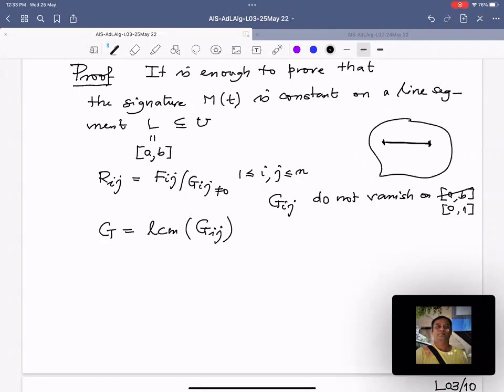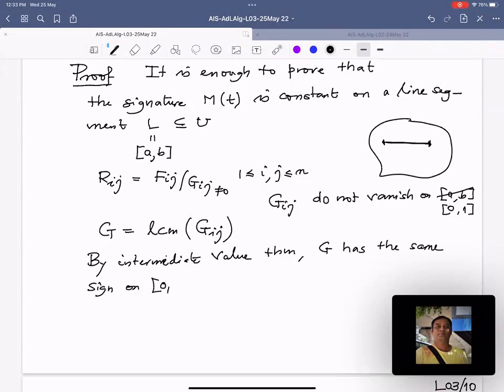And because this G_ij never vanishes on this interval, by the intermediate value theorem, G will have the same sign everywhere on the interval 0, 1.